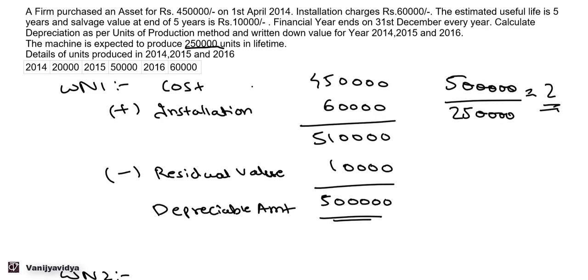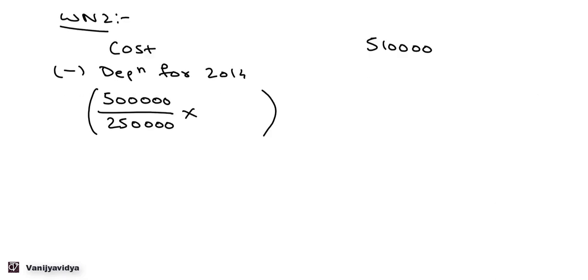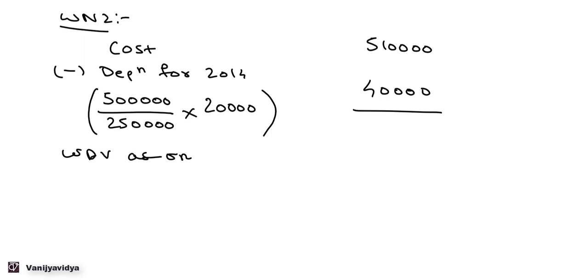The number of units produced in 2014 is 20,000, so we have to multiply it by 20,000. That comes to 40,000. WDV as on 31st December 2014 is 4,70,000.